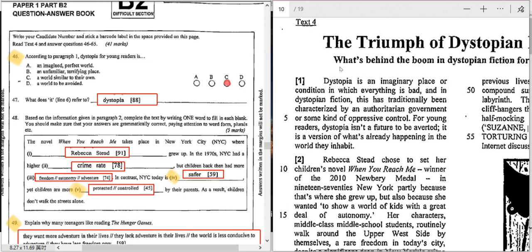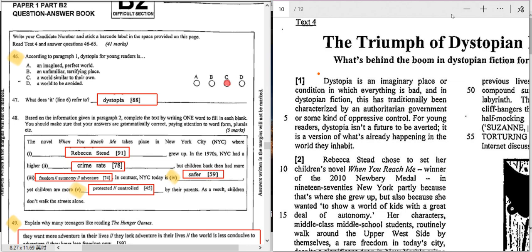Paragraph 1: Dystopia is an imaginary place or condition in which everything is bad, and in dystopian fiction, this has traditionally been characterized by an authoritarian government or some kind of oppressive control. For young readers, dystopia isn't a future to be averted. It is a version of what's already happening in the world they inhabit.